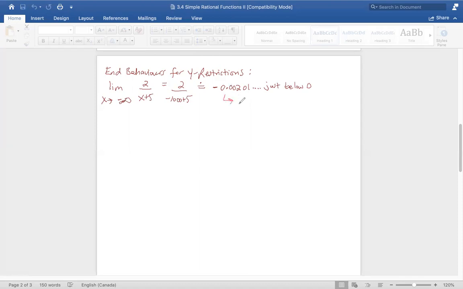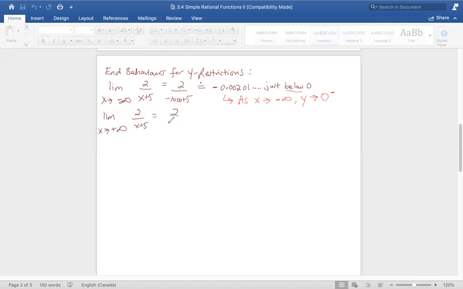So our conclusion then is, as x approaches negative infinity, as we're approaching infinity on the left-hand side on the x-axis, y is going to be approaching 0, but from the bottom, from below. This doesn't indicate left, it indicates from below, right? And now let's look at the limit as x approaches positive infinity on the right-hand side of my simplified expression.